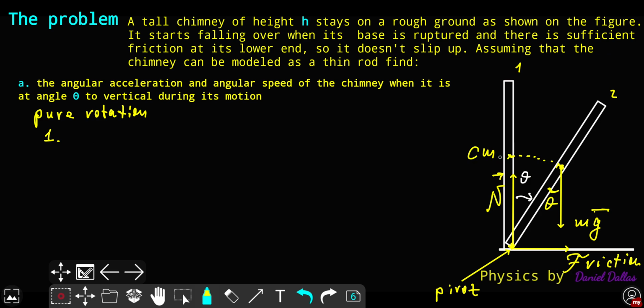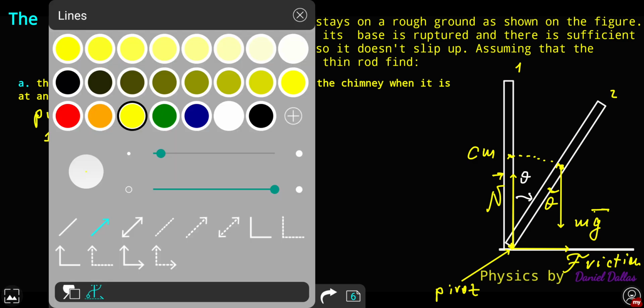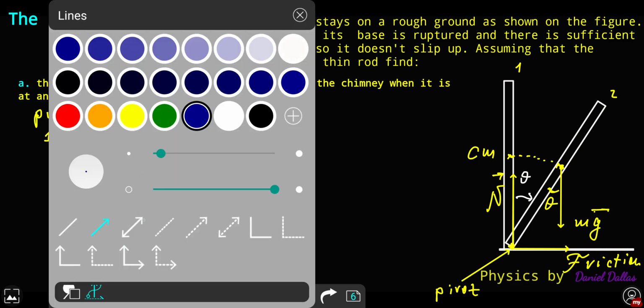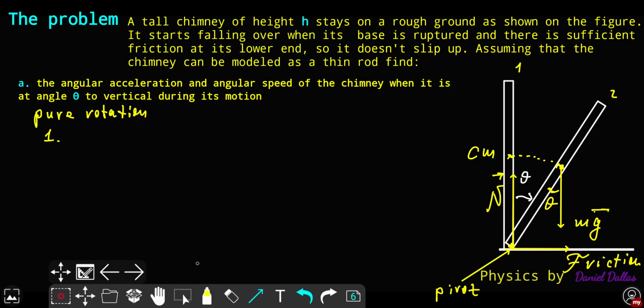The center of mass was at this height, and let's set the total height as h, okay? So that's the total height here. It's going to be h. And we have to keep track of the center of mass.